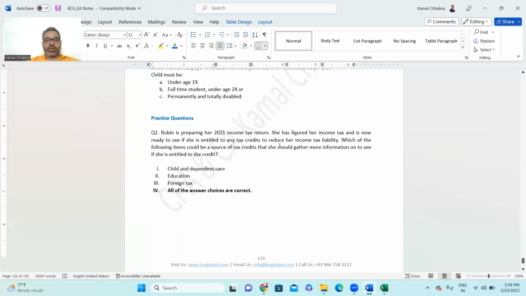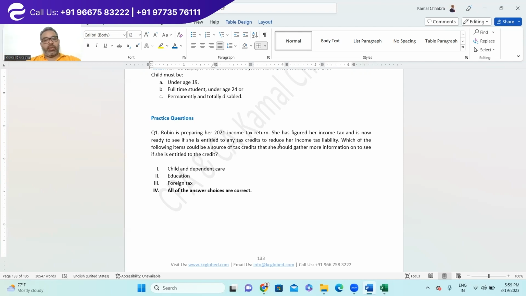Let's do a practice question. Robin is preparing a 2021 income tax return. She has figured her income tax and is now ready to see if she is entitled to any tax credit to reduce her income tax liability. Which of the following items could be a source of tax credit that she should gather more information on, to see if she is entitled to any credit?